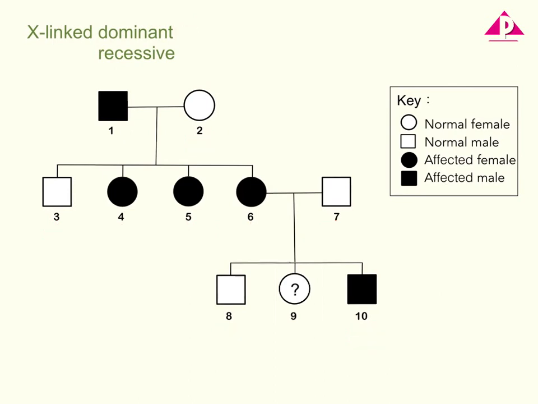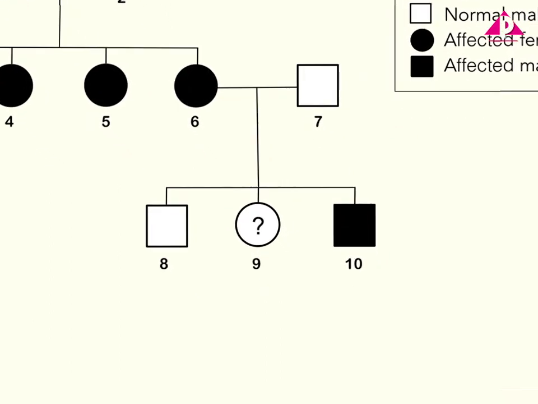Then we can start to deduce the genotype of individual 9. Look at the cross that produces individual 9. From the last step, we already know that the genotype of individuals 6 and 7 are X^A X^a and X^a Y, respectively.